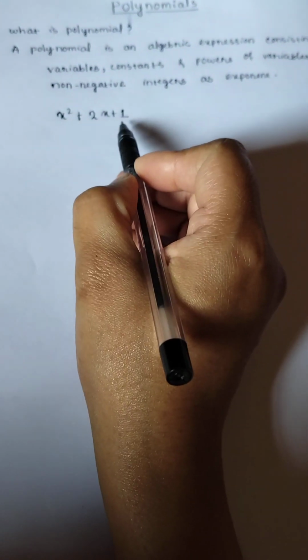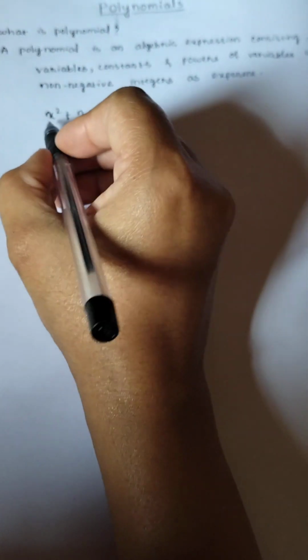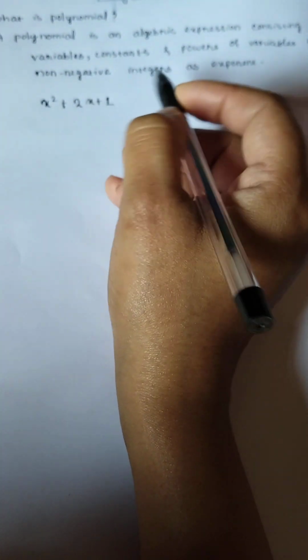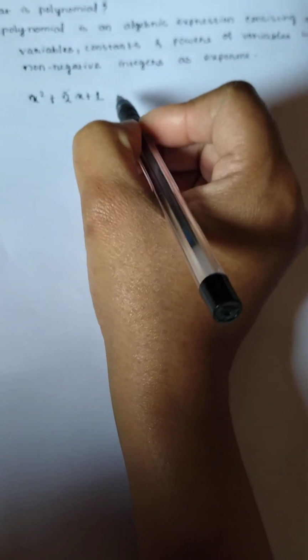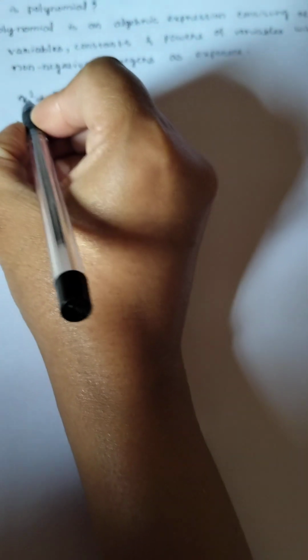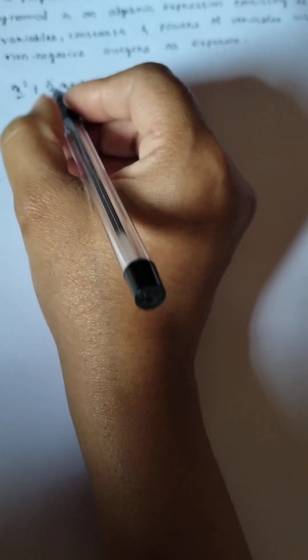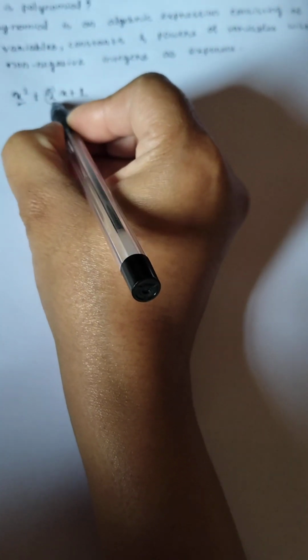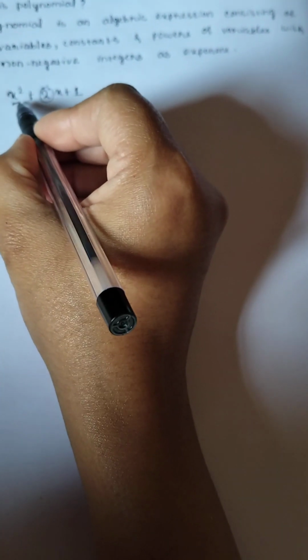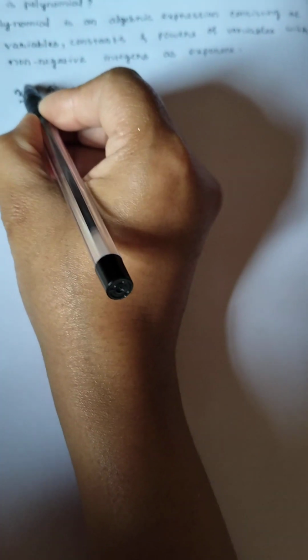It is a polynomial. It contains variables, constants and the powers. Here the variable is x, and constant is 2, and power of this polynomial is 2. So that is the polynomial.